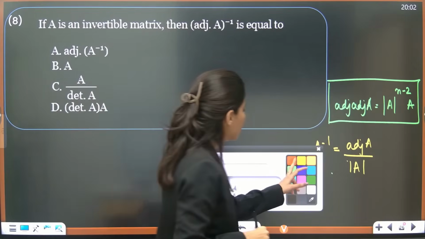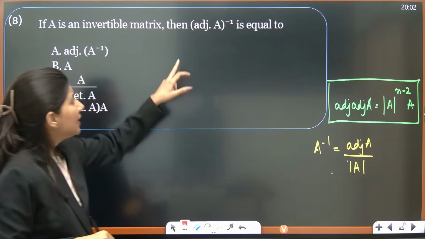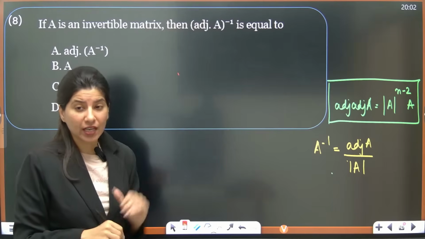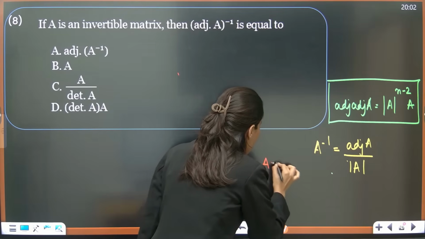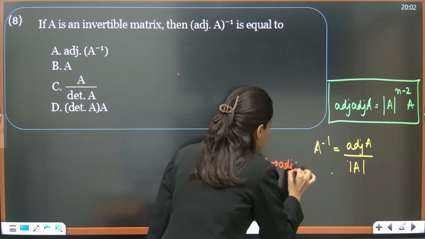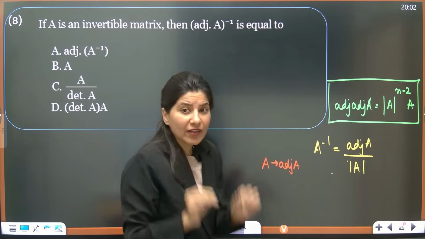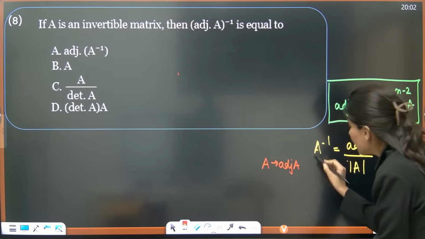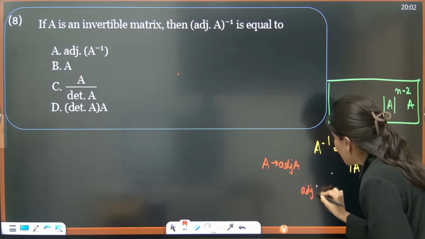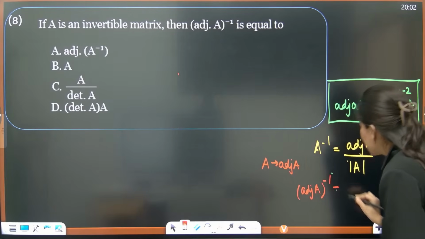Now tell me one thing. In this question, they are talking adjoint of A inverse. So what I am going to do is, this is the formula. In this formula, I am going to replace A to adjoint A. Instead of A, everywhere, instead of A, I am going to write adjoint A. So this is adjoint A inverse. Yes or no? Yes, ma'am.